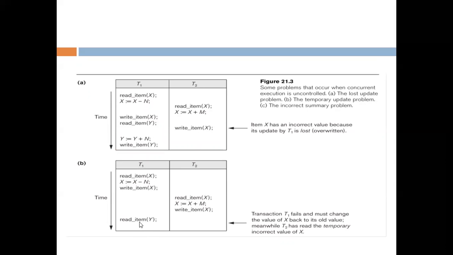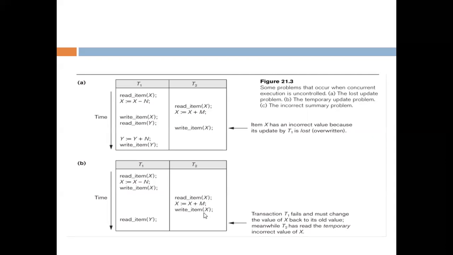But in order to roll back, we have to first undo the operation that we performed over here. X minus N should be reversed, which means X should now be incremented by N. But before doing this, the transaction T2 has already completed, where it read the updated value of X, incremented it, and has also written it back.